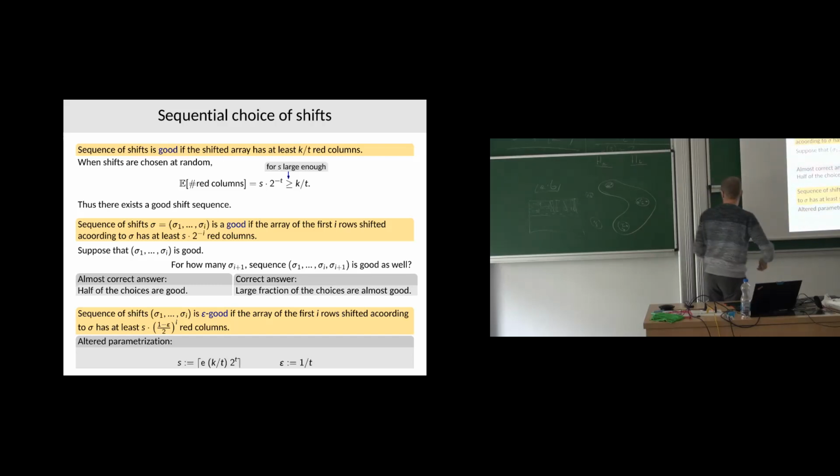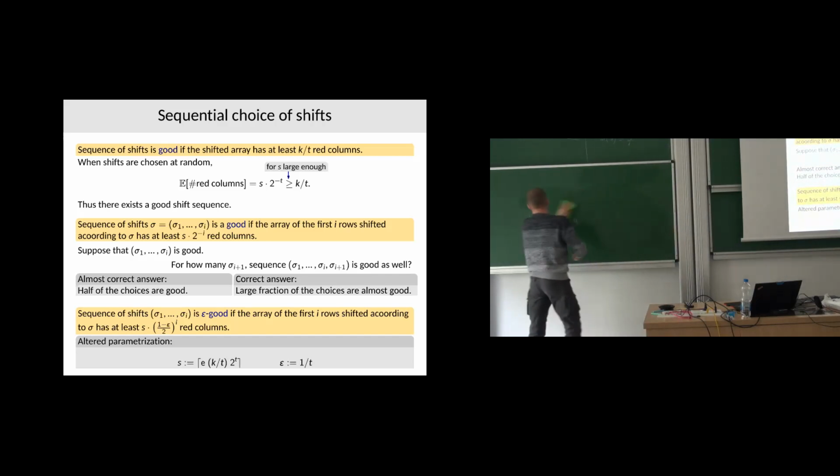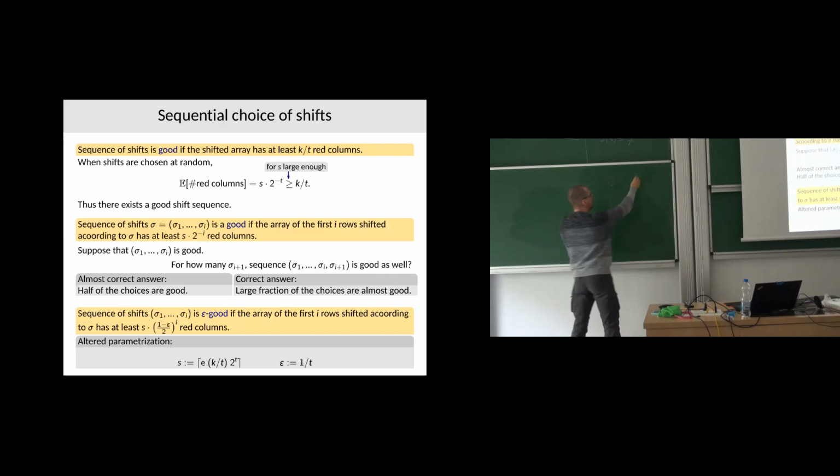Previously we started with the value of S, which was chosen in such a way that we started with k over t times 2 to the t, and every choice of a shift reduced this exponent by 1, 2, 3, and so on.